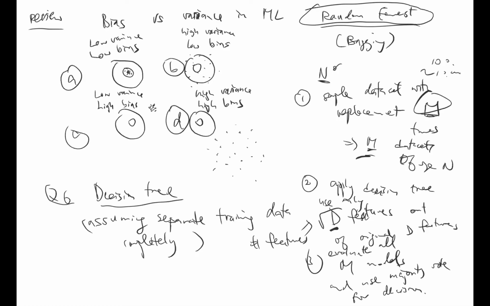I believe the rationale is to increase the diversity of your trees, because if all your trees use all the D features, then many of the trees may be identical or very similar, because after all you're resampling your data. Some of the data themselves are quite similar, even though you're resampling with replacement.